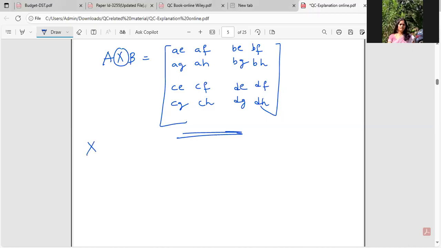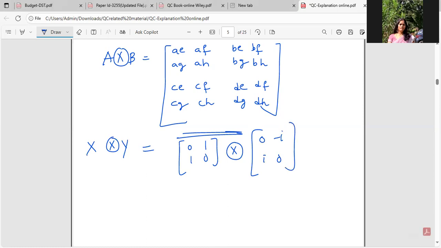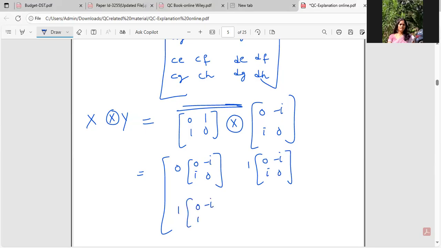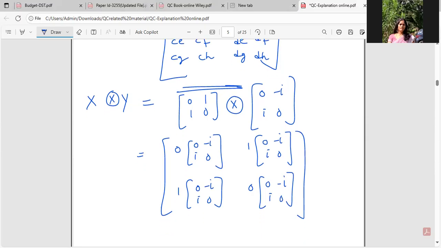Of course, you can find the tensor products of the X gate and Y gate. X gate is [0, 1; 1, 0]. Y gate is [0, minus i; i, 0]. I'll just show one; you can explore the remaining ones. 0 into anything is 0 only, and 1 into anything is itself.